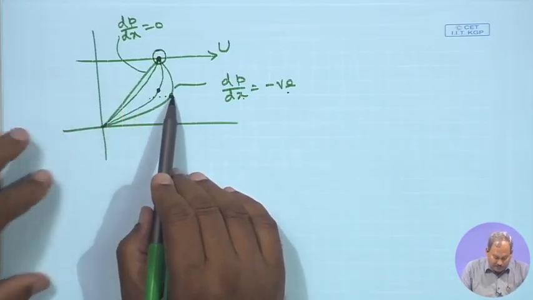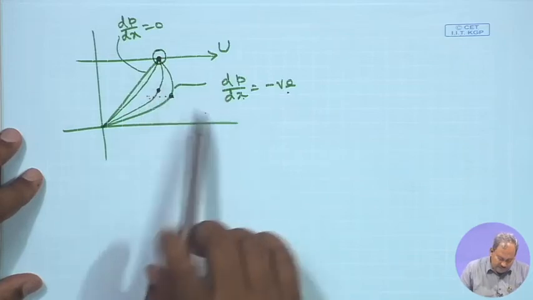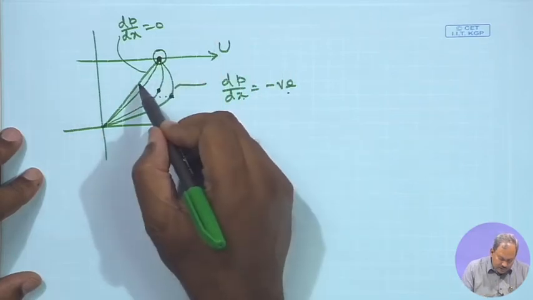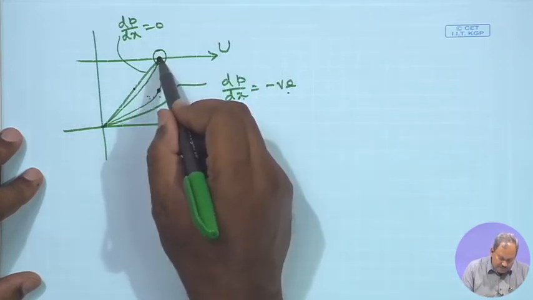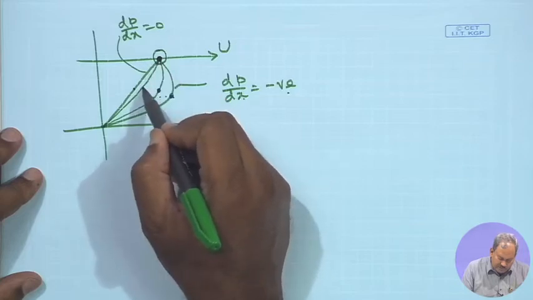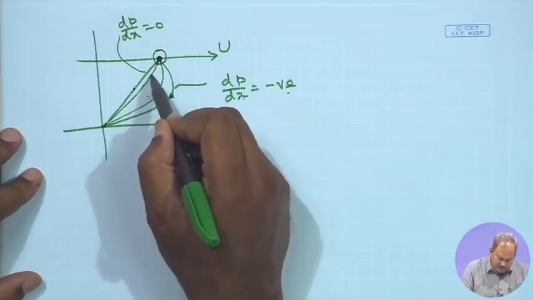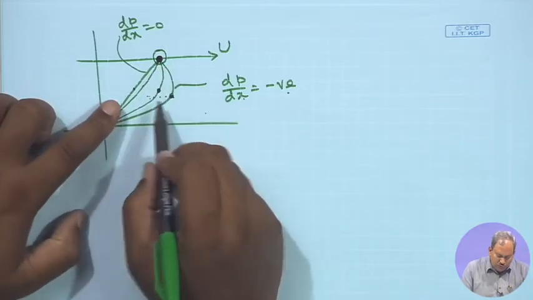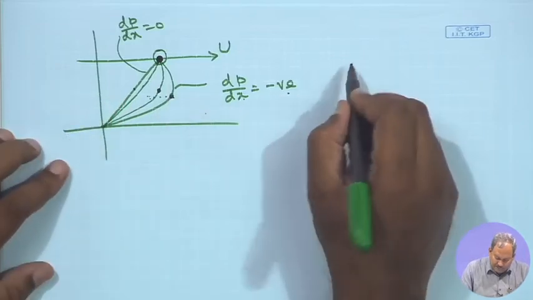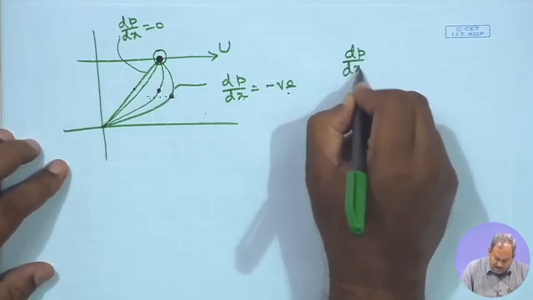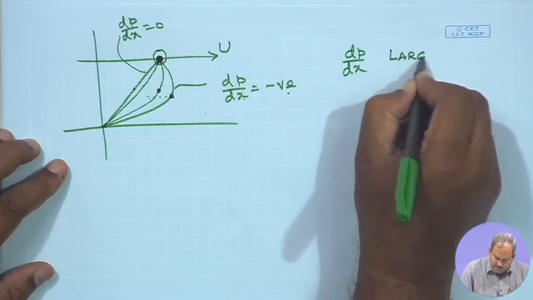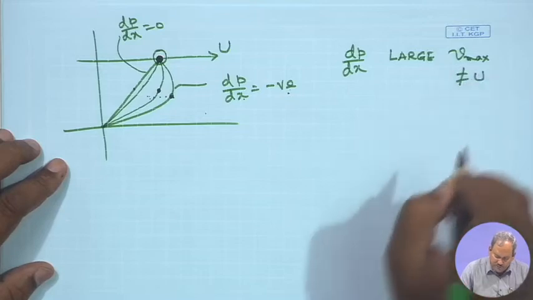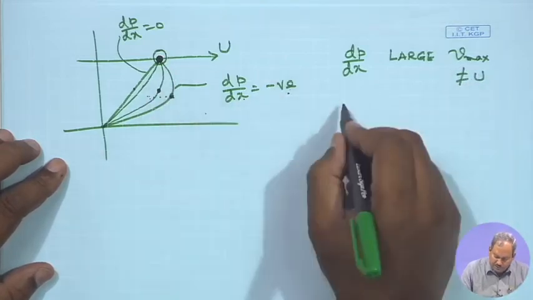So, the maximum velocity starts to move in this direction, from right to left. When dp dx is 0, it is over here, but when dp dx is not 0 but small, then also you get the maximum velocity over here. So, if dp dx is large, your Vmax is not u, Vmax is something more than u.